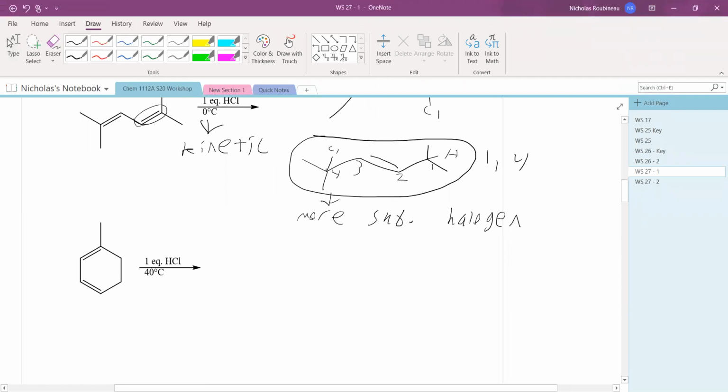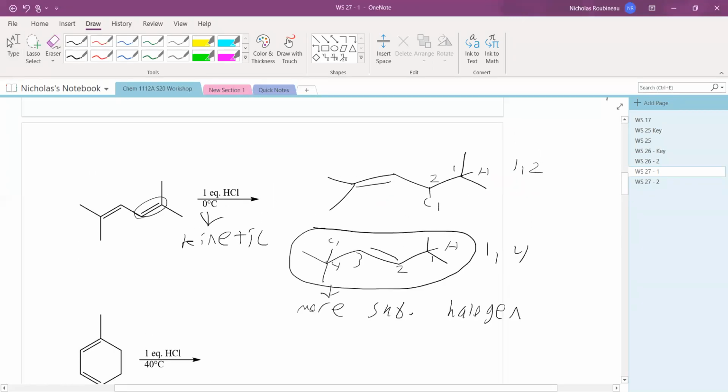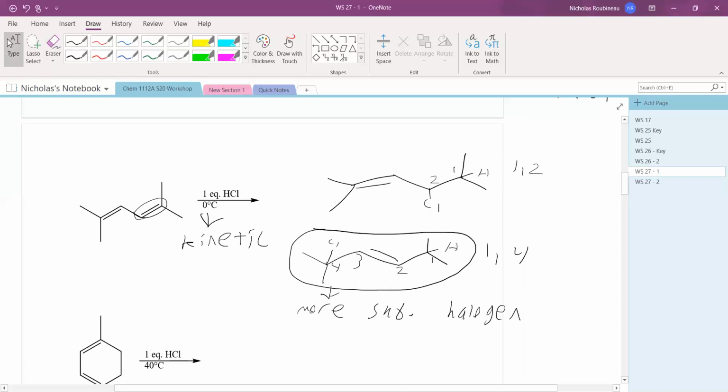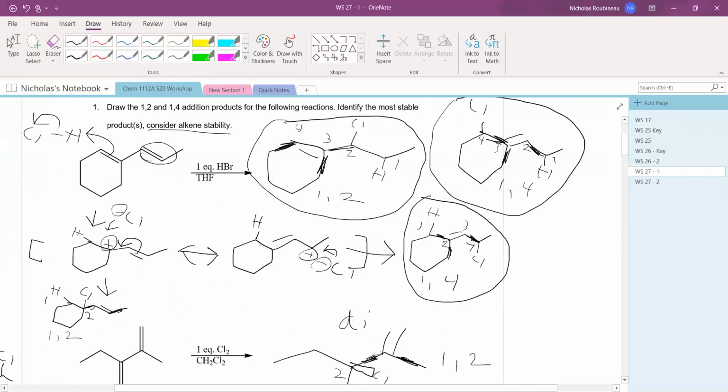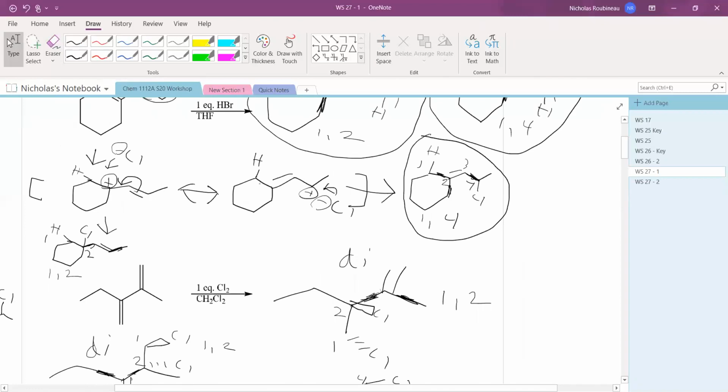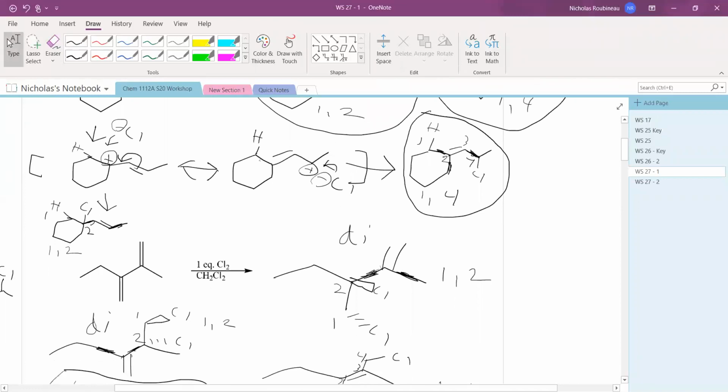You have a question? Sure. Yeah, I was just wondering, so usually the hydrogen is always added to the first position, right? In these conjugated dienes? When we're adding HCl or HBr, yeah. If you're adding Cl2 like we did for this question, then you're adding a chlorine, because you're adding 2 chlorines.